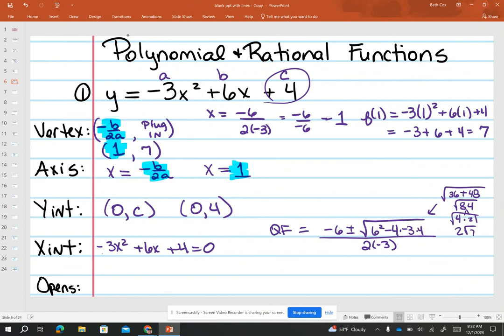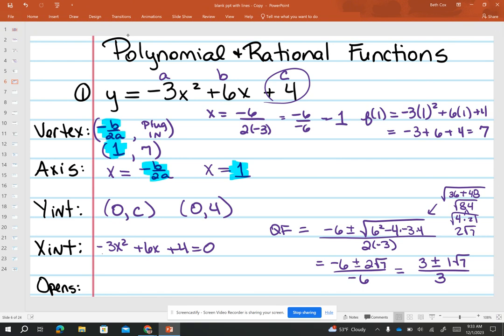And then we're going to put that back in our formula. So it'll be negative 6 plus or minus 2 square root of 21 over negative 6. And so now I'm going to reduce this, technically I'm going to reduce it by negative 2. That's going to give me 3 plus or minus 1 square root of 21 over 3.